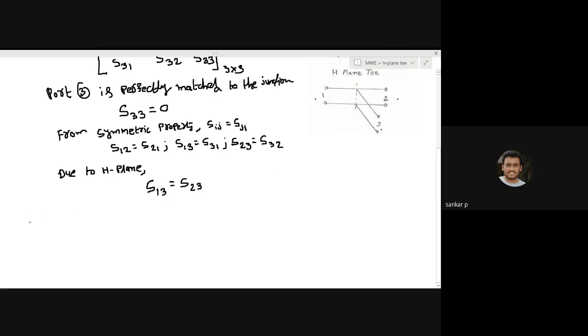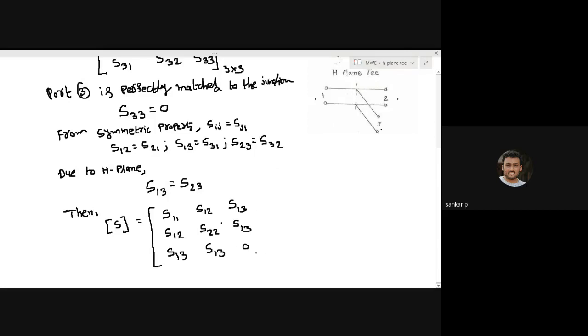Then the square matrix S becomes like this: S11, S12, S13 with no change; S21 is S12 by symmetry, then S22, and S23 is S13 from the above condition; S31 is S13 and S32 is S23 from symmetry, which is S13; and S33 equal to 0, since it is perfectly matched to the junction.